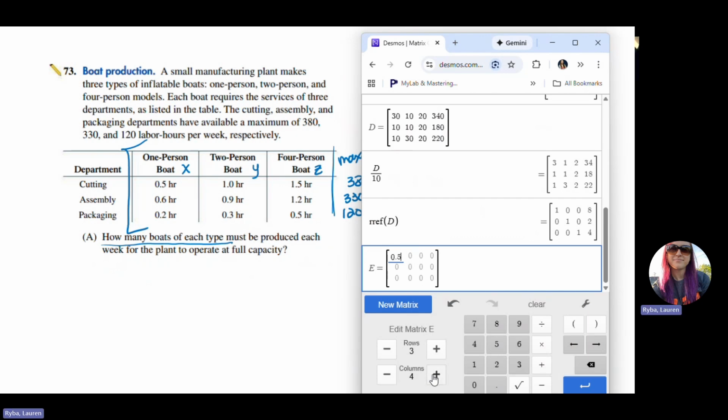So 0.5, 1, 1.5, 380. 0.6, 0.9, 1.2, 330. 0.2, 0.3, 0.5, 120.